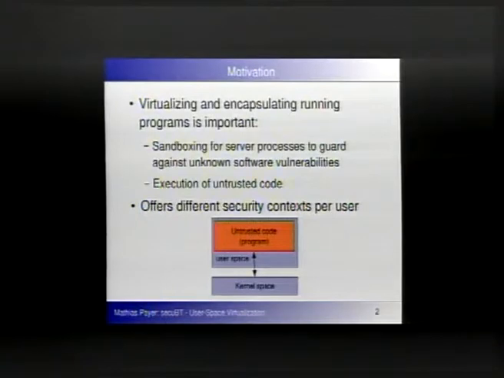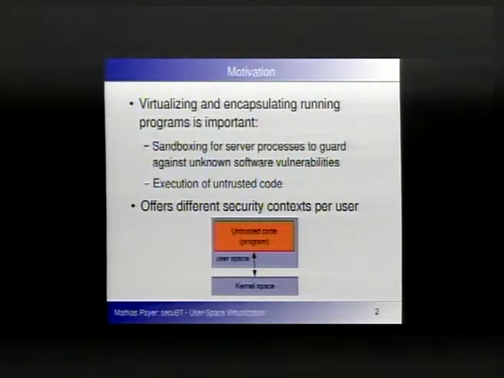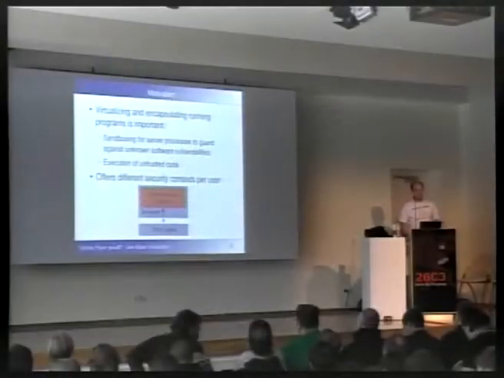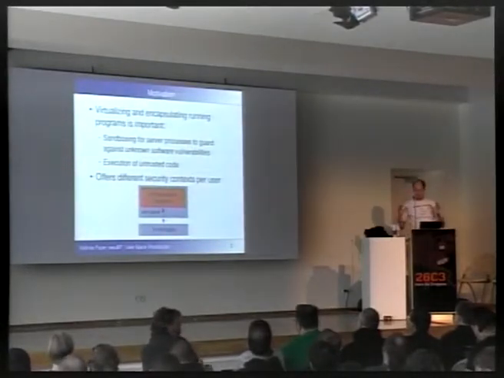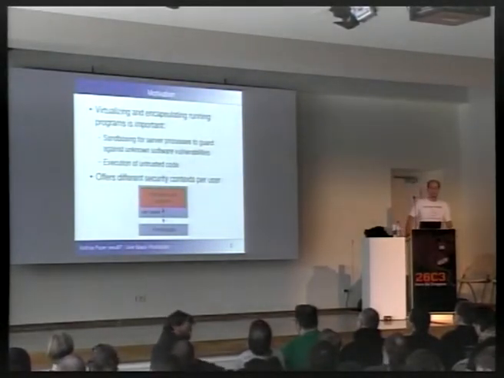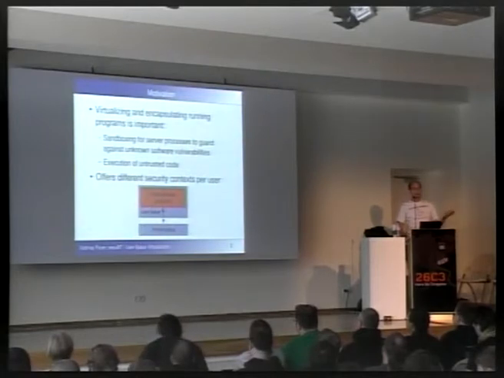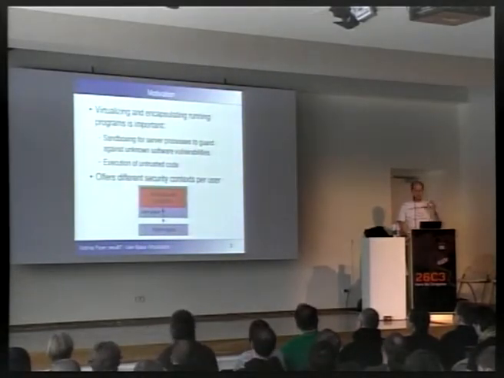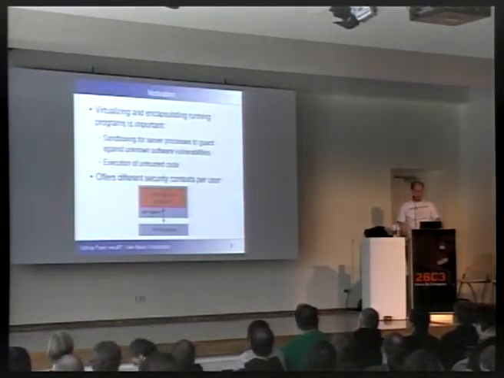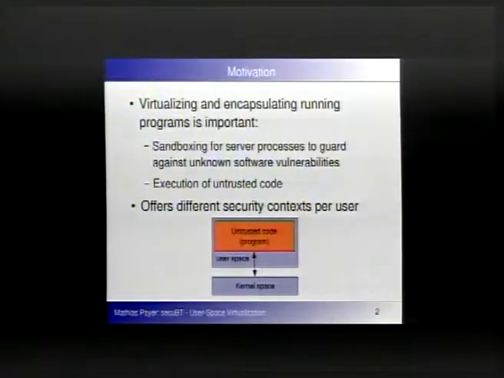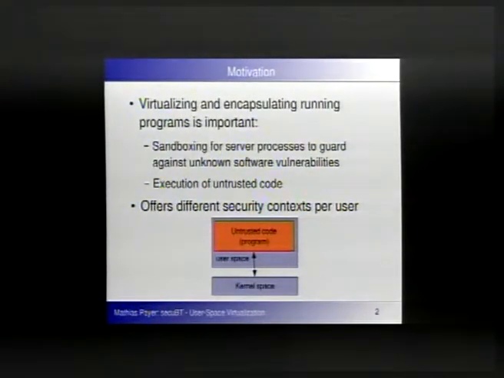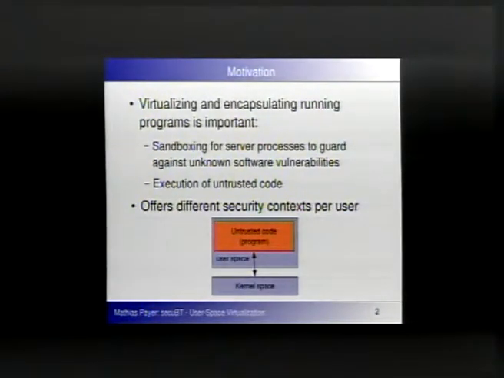We want to sandbox server processes to guard against unknown software vulnerabilities, and we want to guard and protect the execution of untrusted code so that we can run untrusted code on a system without sacrificing either security or performance. And we want to offer different security contexts on a per user level, and not have all programs that run per user have the same possibilities.